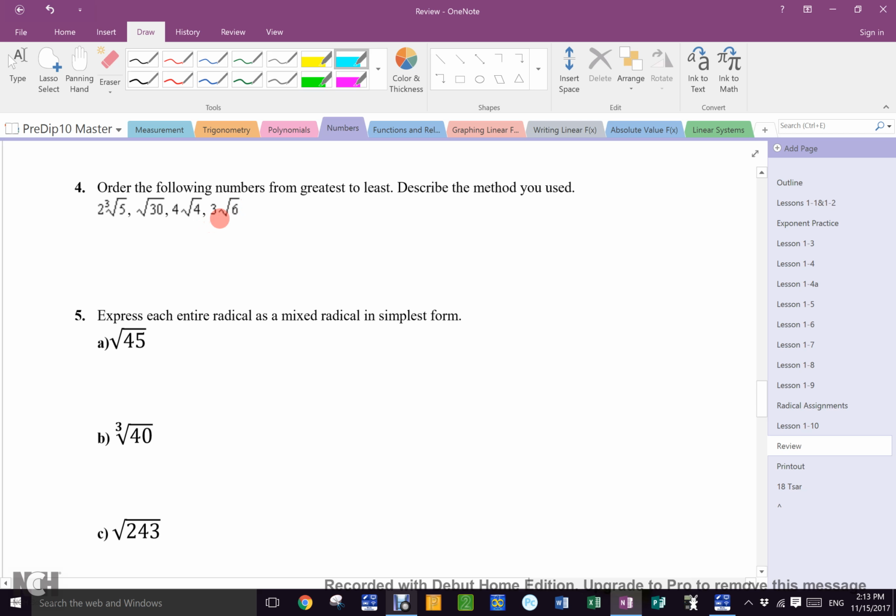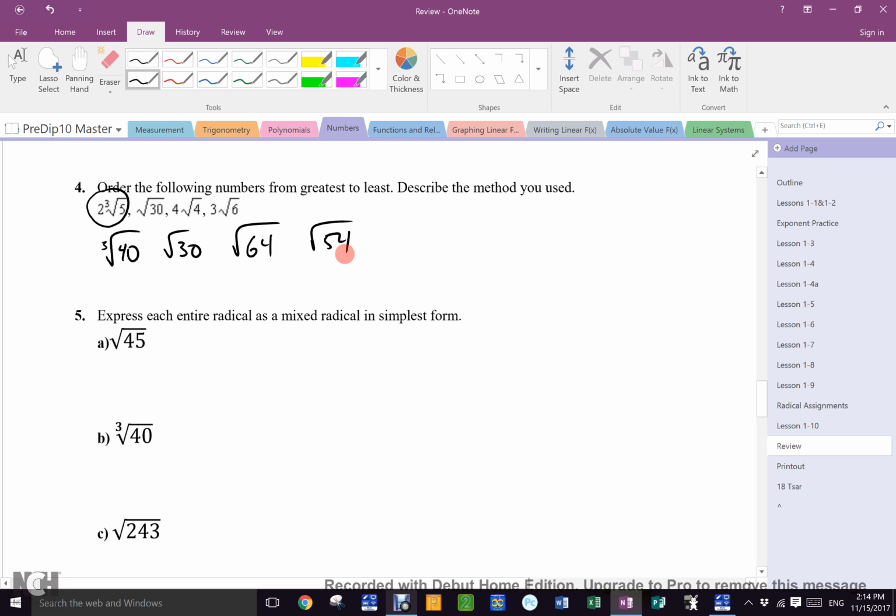This one, of course, you had to put them back to entire radicals, but that one is a bit of a mess up because you can see that it's the cubed root of 5. So that is really the cube root of 40, root 30, root 64, and root 54.